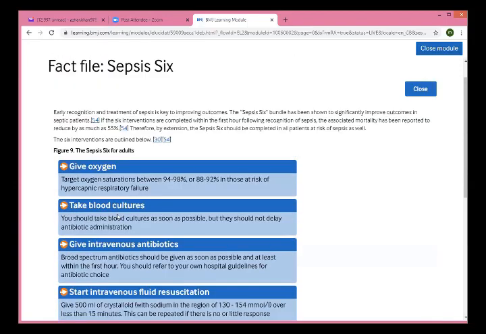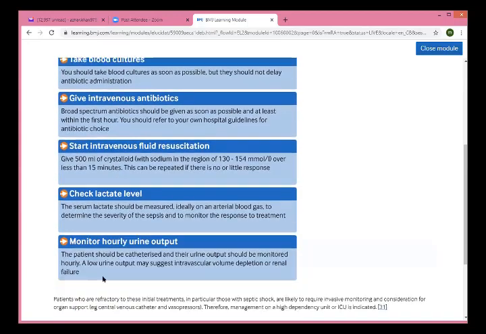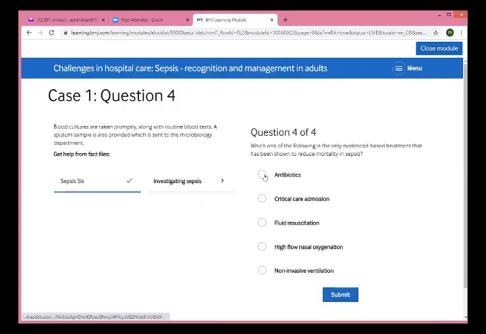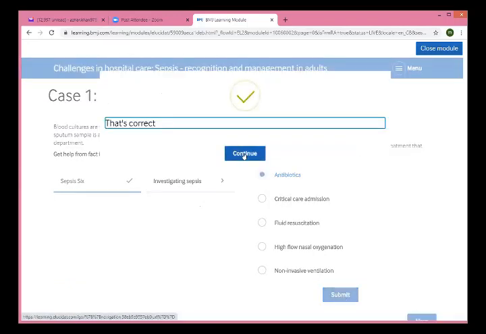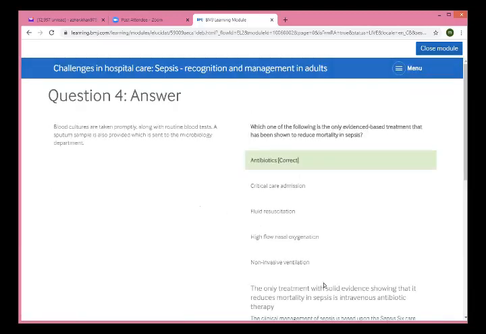So give oxygen, take blood cultures, give antibiotics, give intravenous fluid resuscitation, check the lactate levels, and monitor the urine output. So the answer was antibiotics.